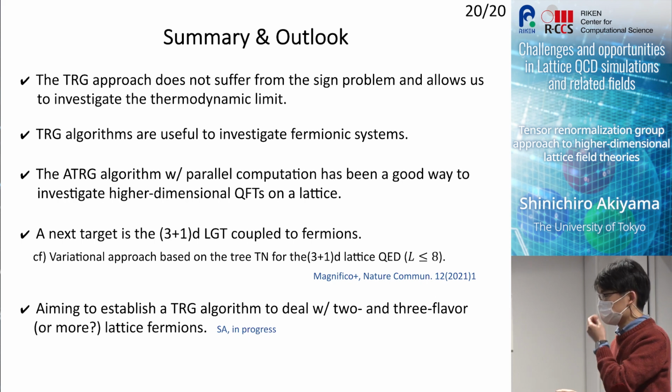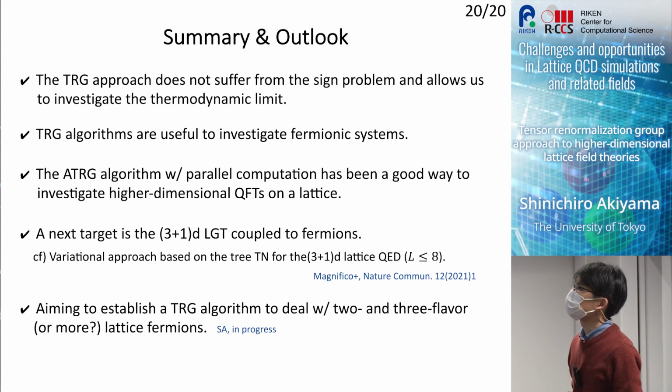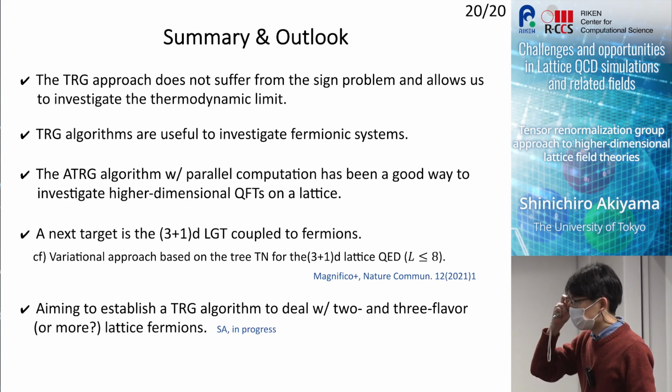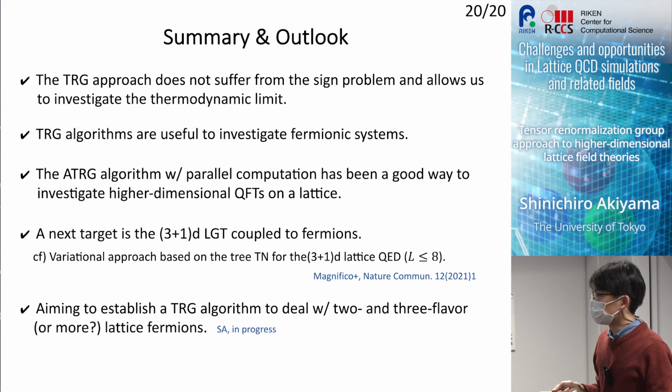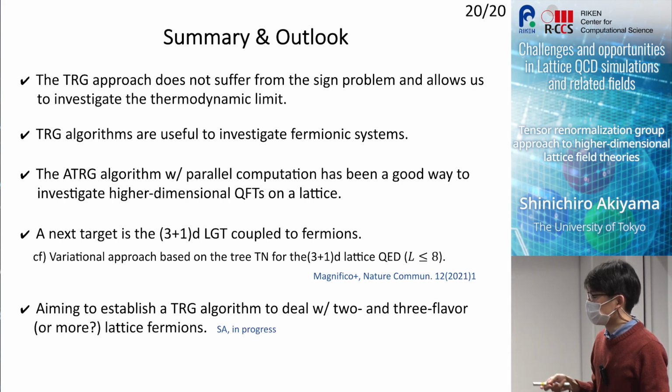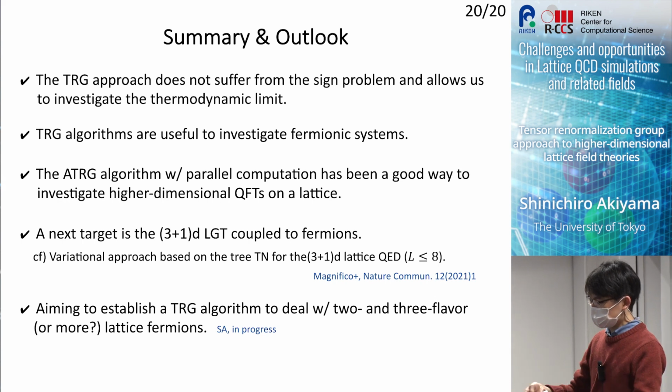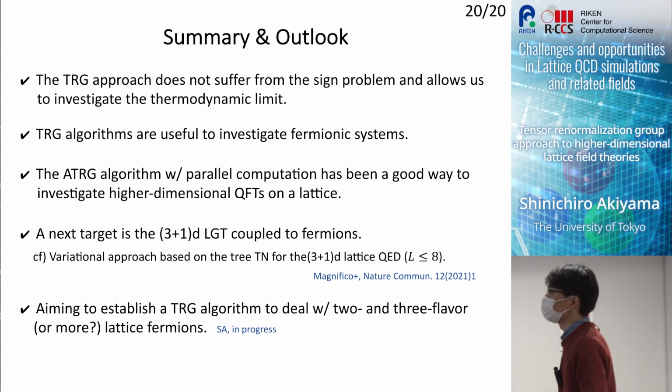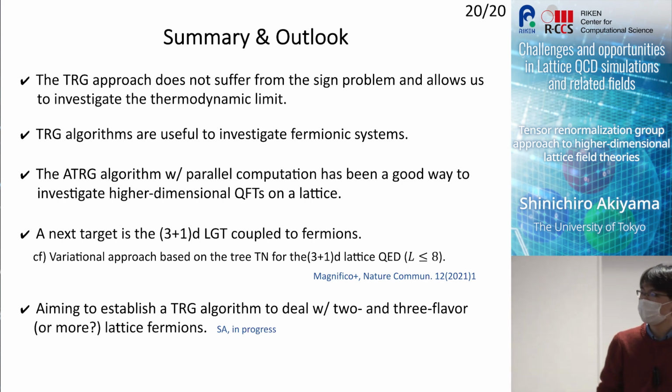But the lattice volume is not so large, so I would like to calculate the same model by using the TRG approach and enlarge the system size. And also I'm working on developing the TRG algorithm to deal with systems with much larger internal degrees of freedom. So that's all. Thank you very much.